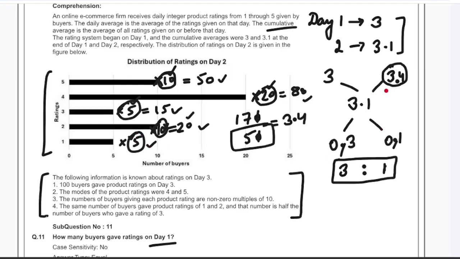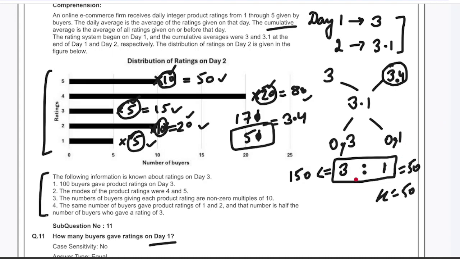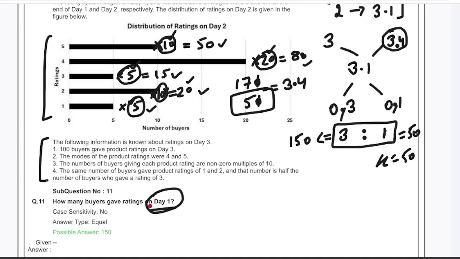So if 1 is equal to 50, that means x is equal to 50, and 3 should be equal to 150. So straight away I get the answer: the number of people who gave ratings on day 1 is 150. So that is my answer.